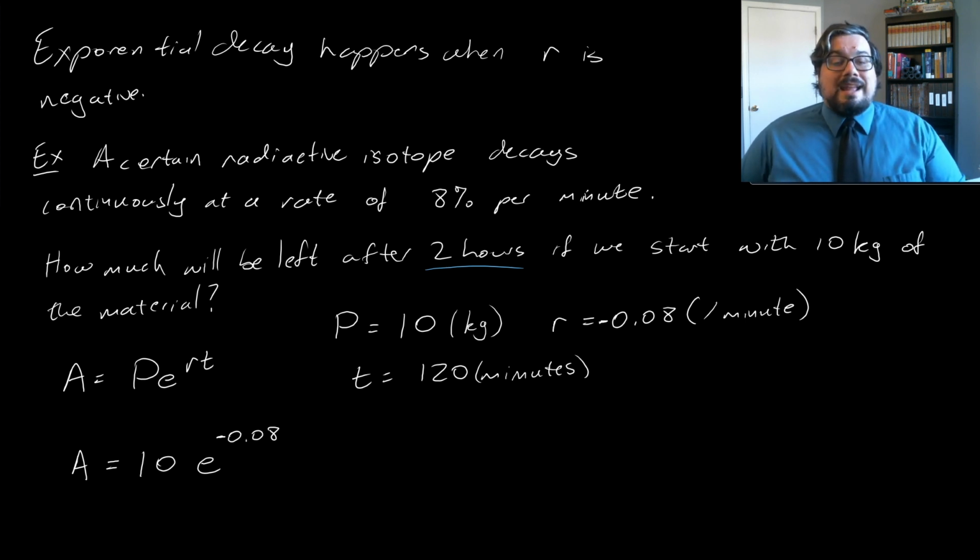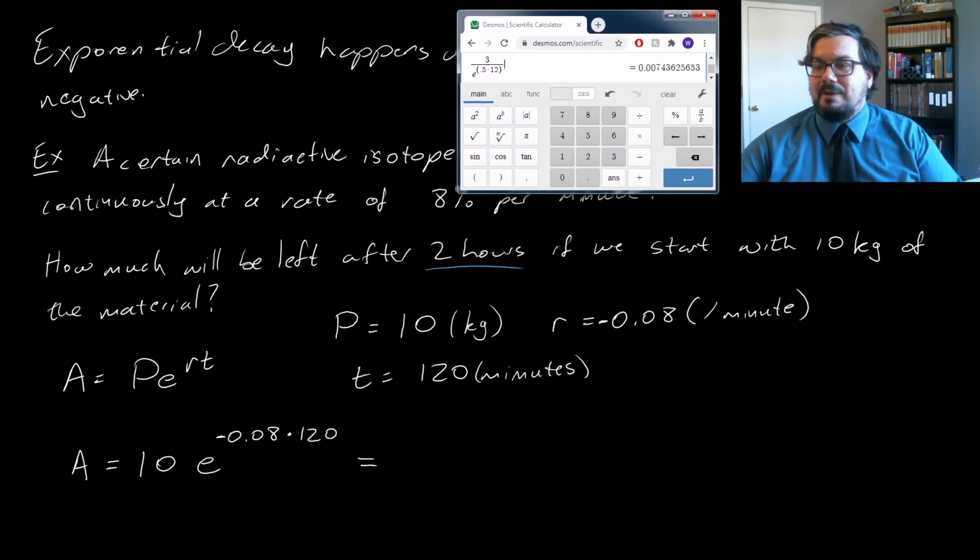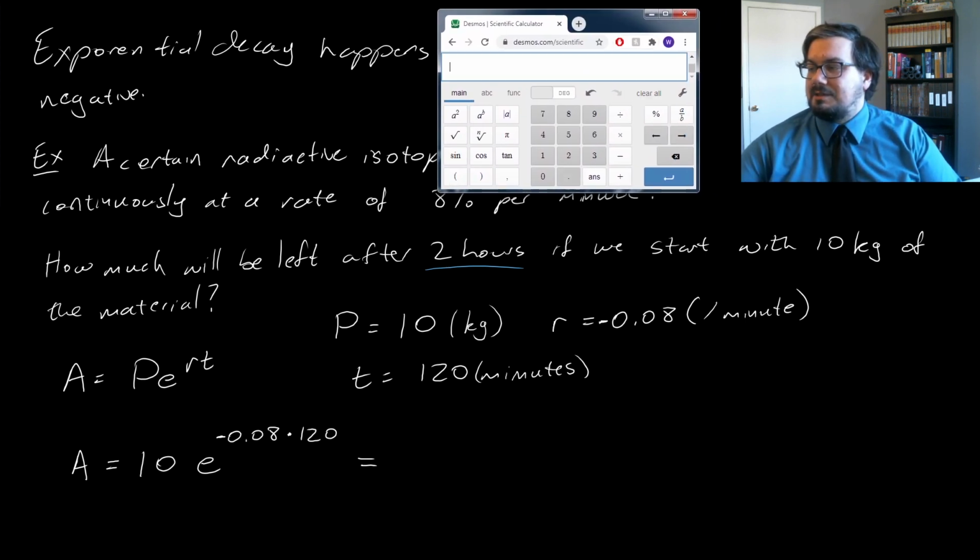And so the rate r here is negative. A negative rate corresponds to exponential decay. So r is negative 0.08. The time is 120 minutes. And so we can calculate the amount of radioactive material we have left.